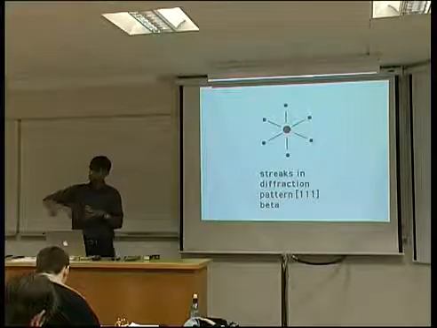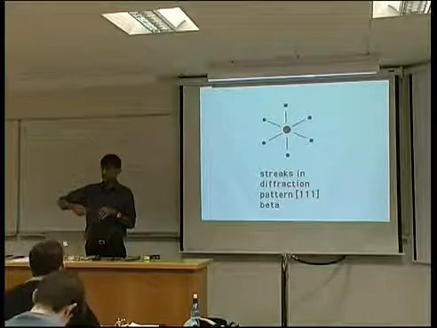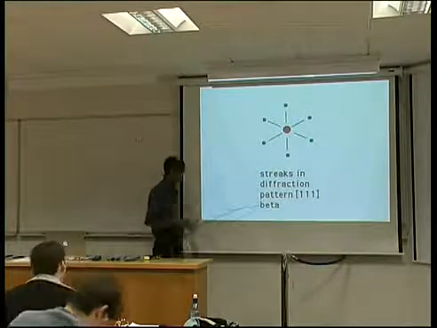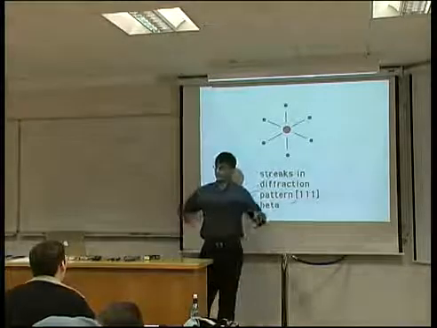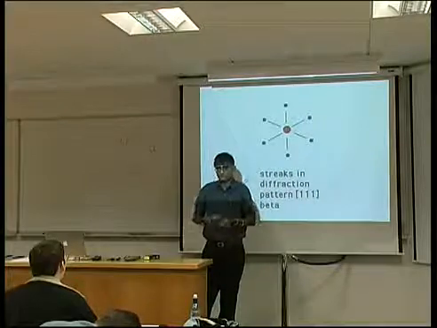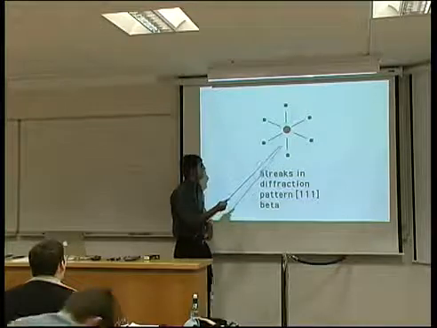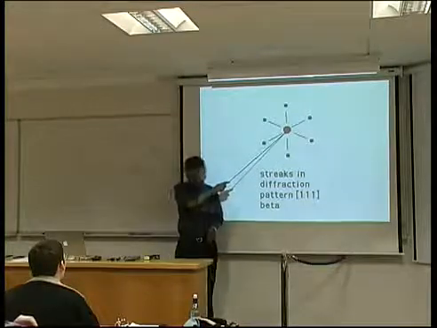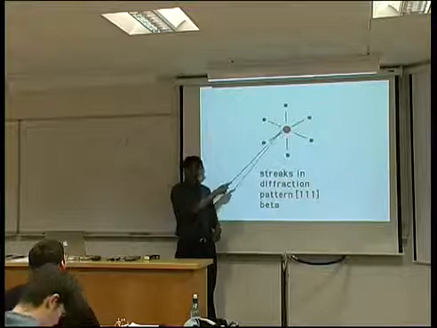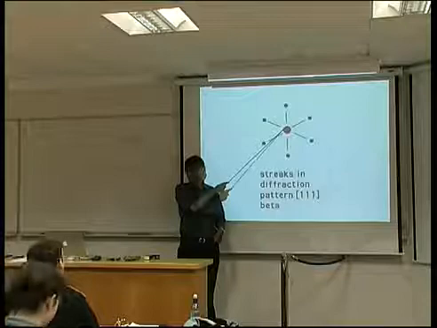Now, because of all the strains that this causes, your diffraction pattern becomes streaked. In other words, strain is reflected in changes in lattice parameter, right? If I elastically strain the lattice, you are effectively changing the spacing. And remember that in an electron diffraction pattern, the distance between these spots is related to 1 upon the spacing of those planes.